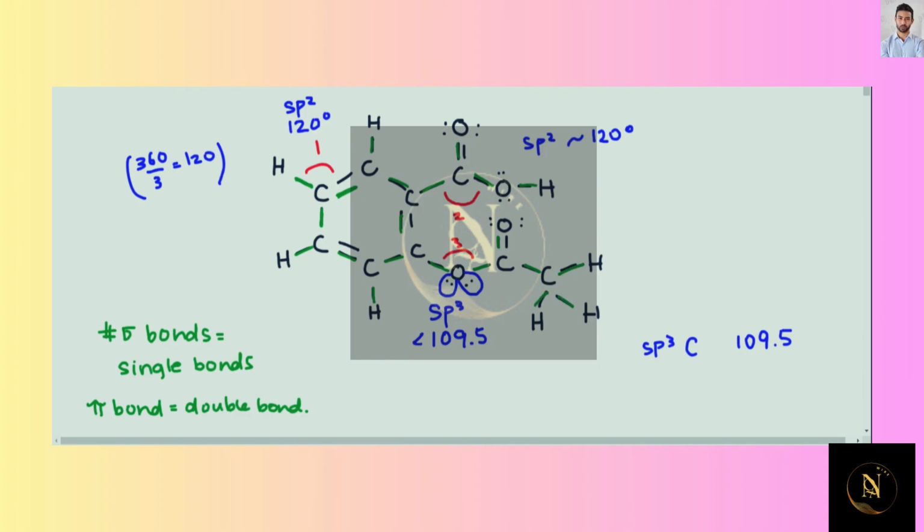So we have 21 sigma bonds. And if you were interested in counting the number of pi bonds, you would have 1, 2, 3, 4, and 5. So you would have 5 pi bonds.